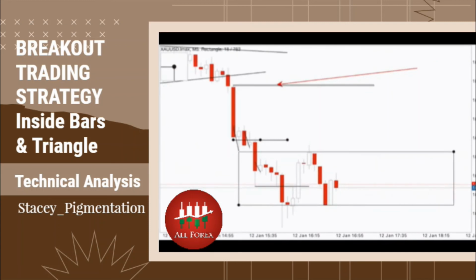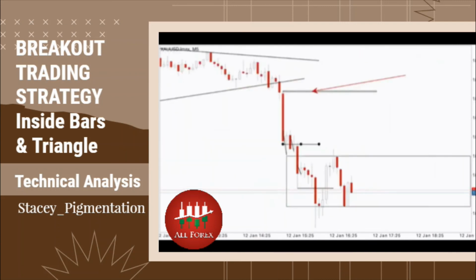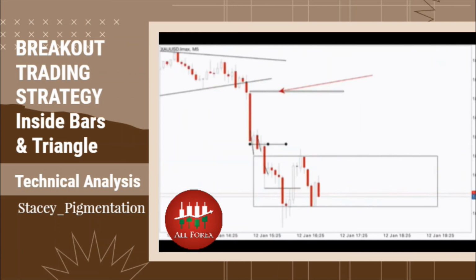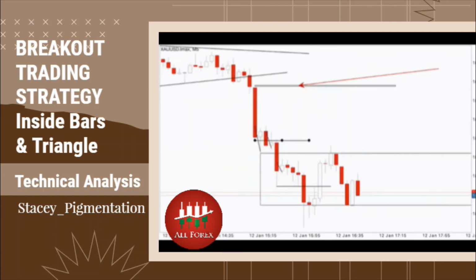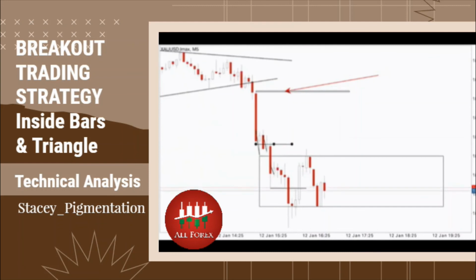What I could do is extend it to the right like this, so that I can see full breakouts. I'll wait for it to completely create a full breakout candlestick outside the order block, either at resistance level or at support level, and see what entry it could give me.